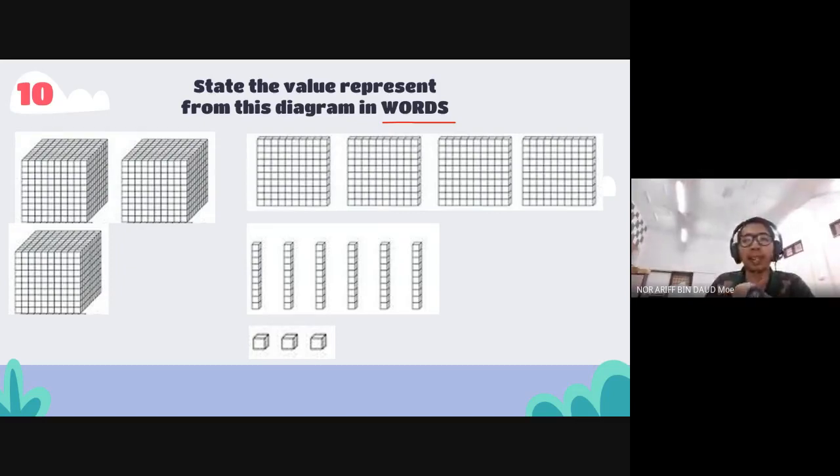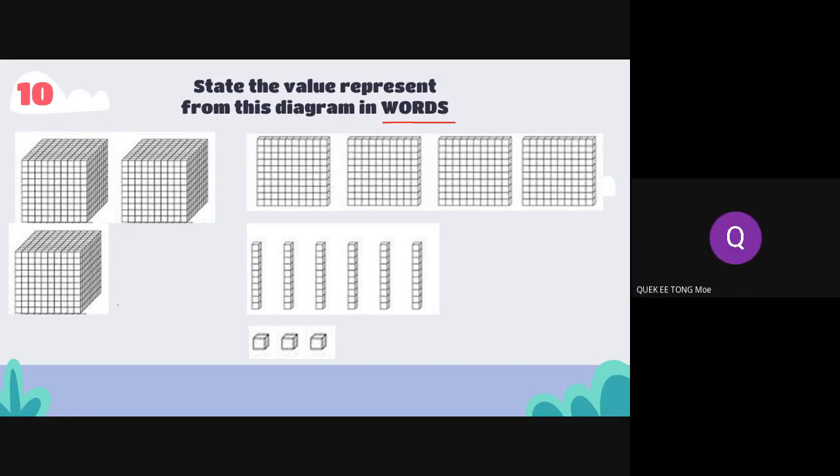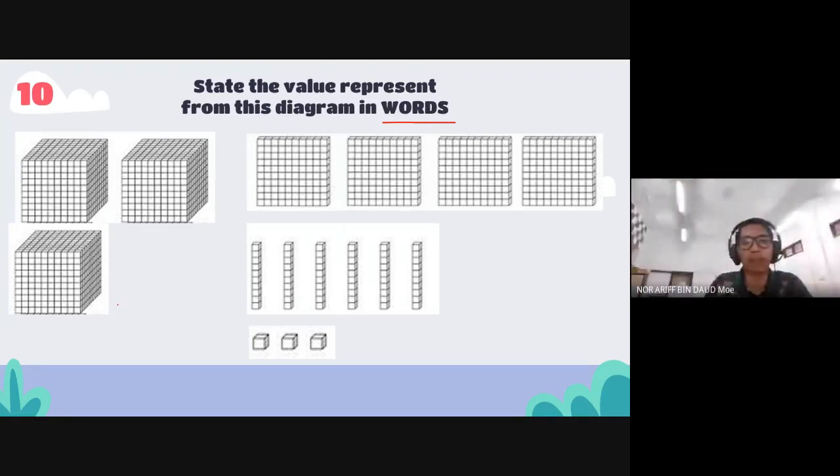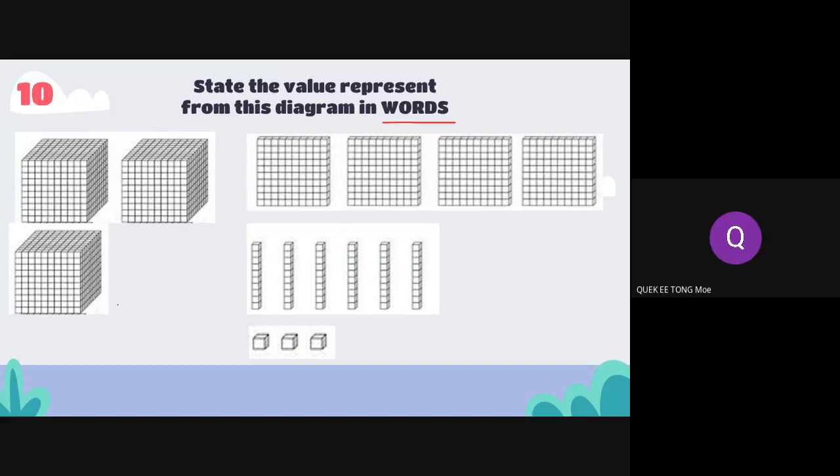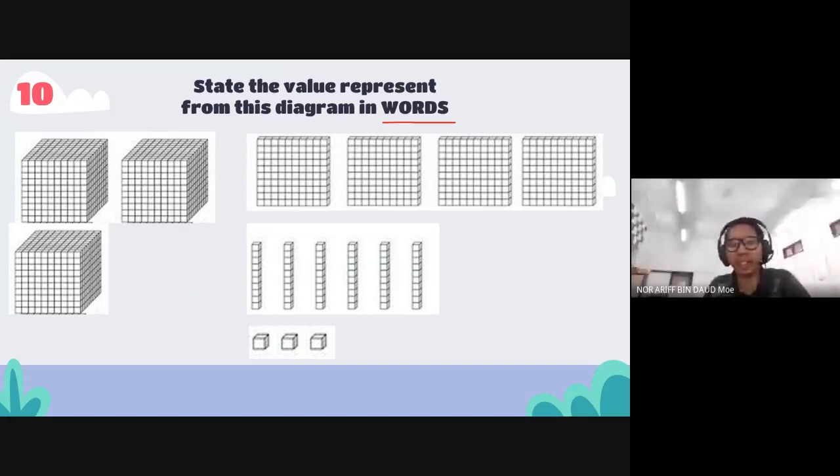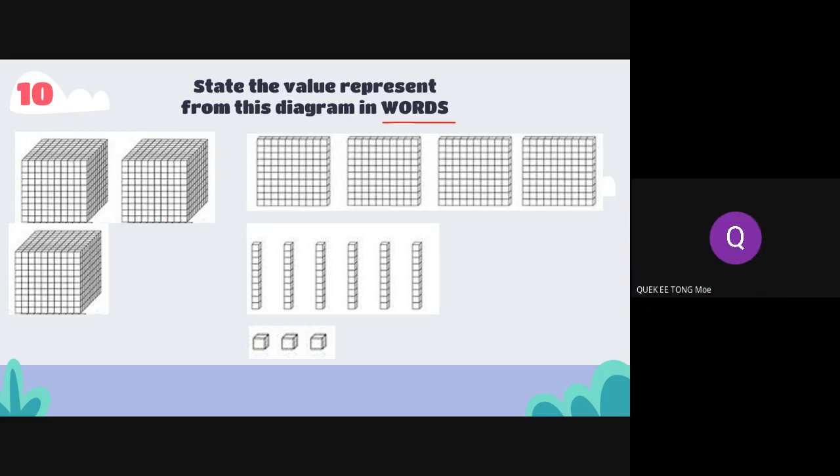Okay, I want to ask. Siapa lagi ni yang Itong. Itong, can you tell me the value from all these blocks we have here? Teacher, I cannot see anything. You cannot see anything, are you sure? Yes. You adjust your tile, your view. From the right side.